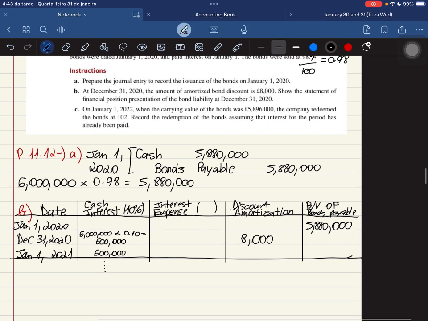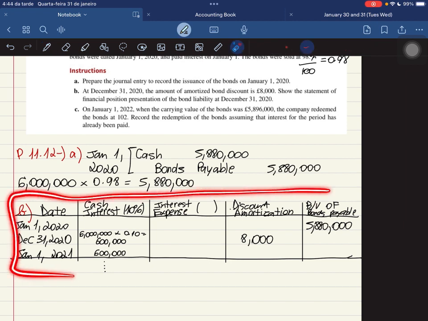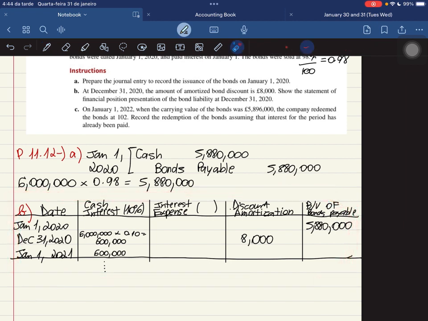If you remember, every time we are making this table, there are two types of table that we can make: the discount amortization table and the premium amortization table. Remember that I told you that this column over here is counterintuitive. If this is a discount amortization table, here we would be adding it.